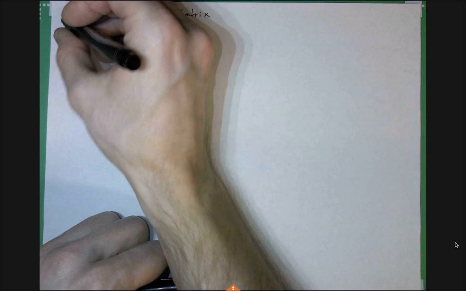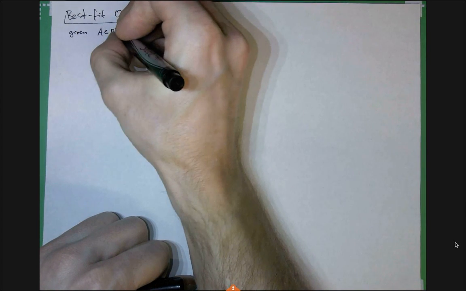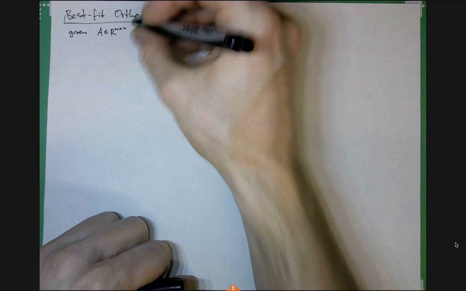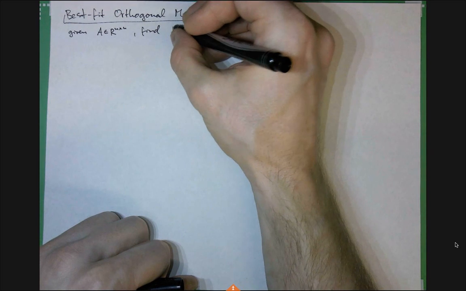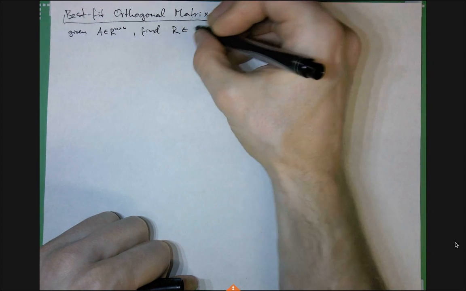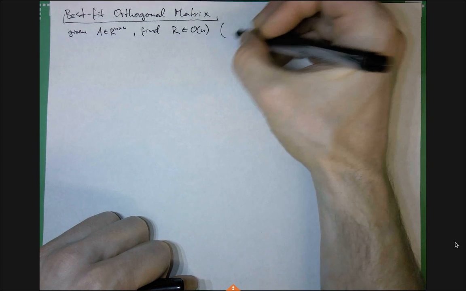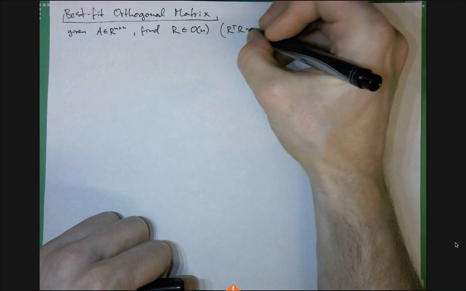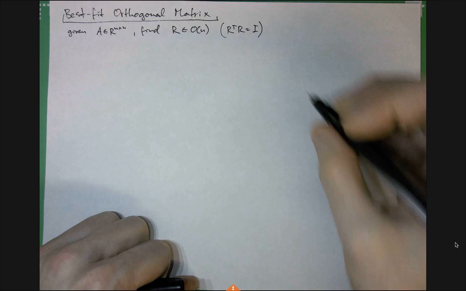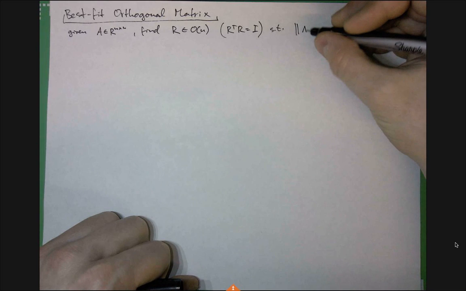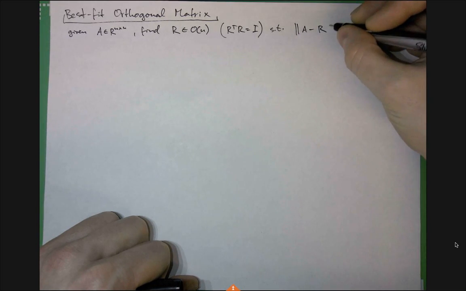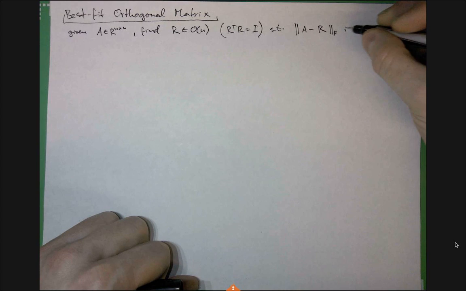So the problem is like this. We are given a square matrix A, n by n, and the task is to find a matrix R which is orthonormal. So that means that R transpose R is identity, such that the Frobenius norm of A minus R is minimized.